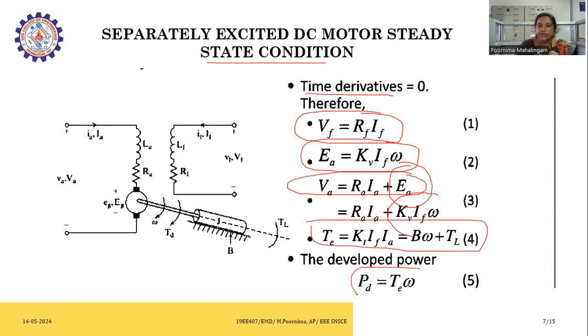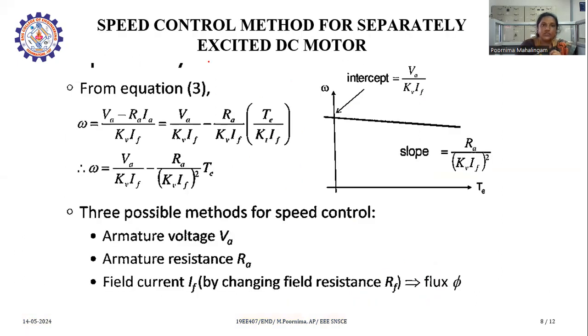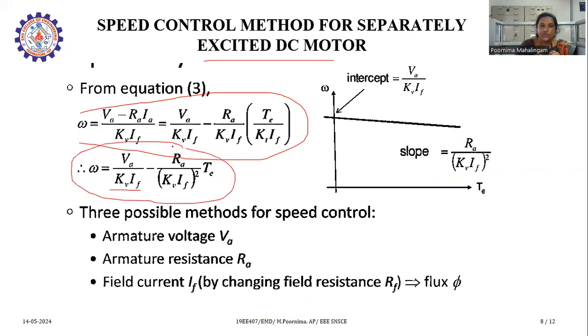The developed power is equal to torque TE into omega. Now coming to the omega formula, deriving it, omega equals VA over KV IF minus RA over KV IF squared. This is the speed formula.